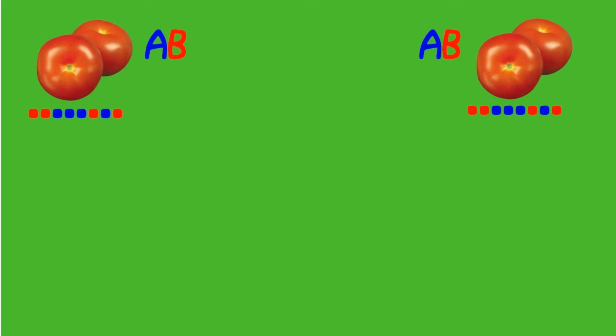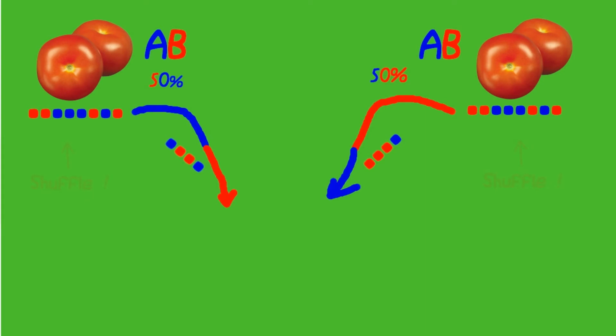We'll take a look at that, and this is where we need to go back to the diagrams. We're going to take our F1 hybrid, the AB variety, and we're going to cross it with another AB variety, another hybrid. So, as usual, there's a little shuffle of the genetic material, the parent, and then 50% is selected.